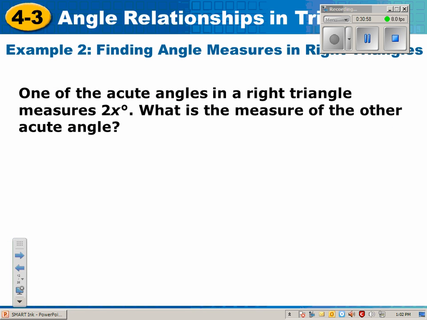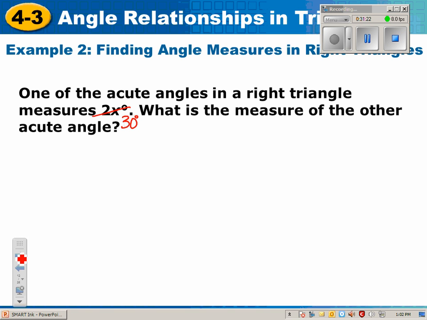This one. One of the acute angles in a right triangle measures 2x. What is the measure of the other acute angle? A lot of students always struggle with this one because they've got variables. So let's stop for a second and let's say one of the acute angles in the right triangle measures 30 degrees. What is the other acute angle?